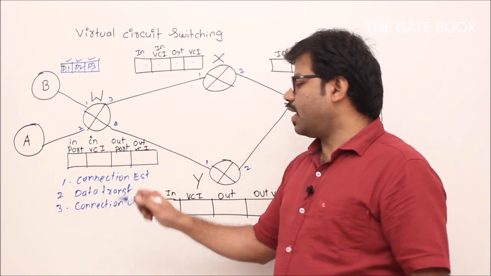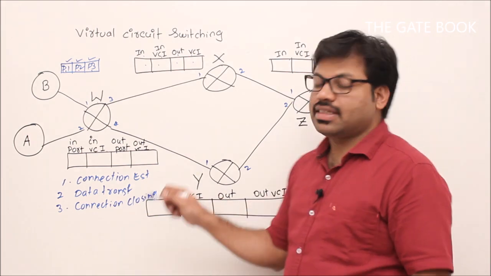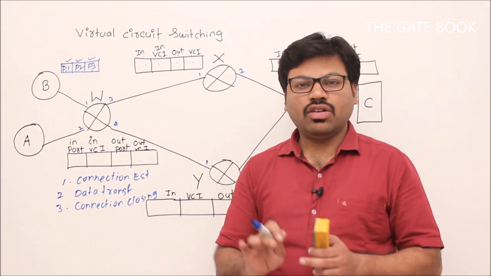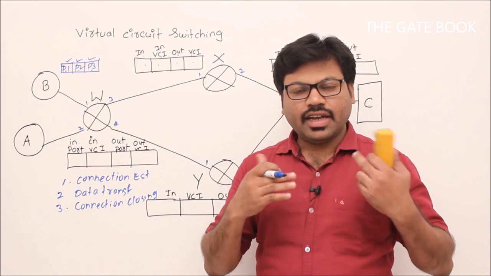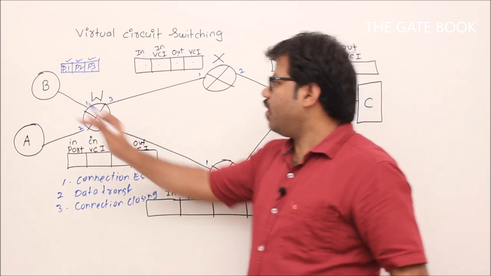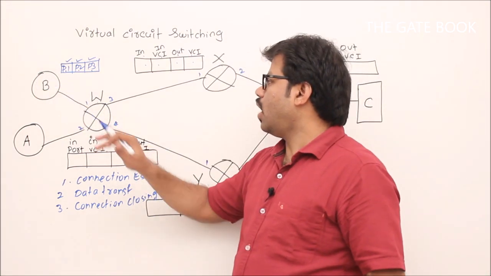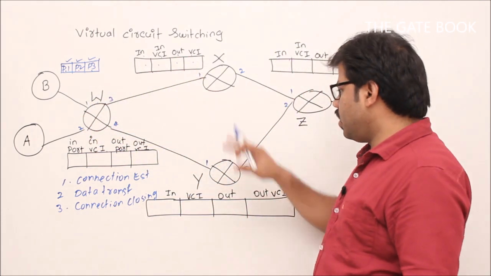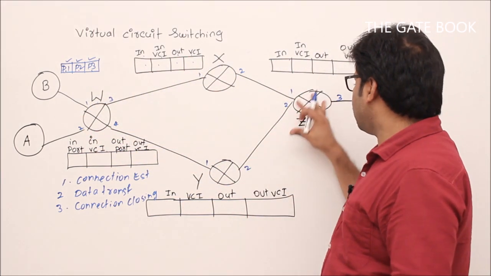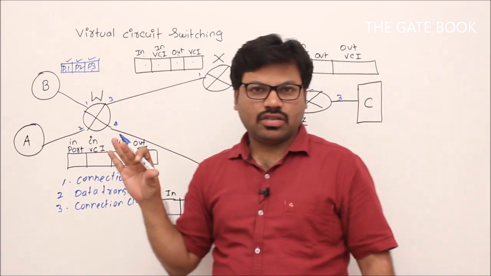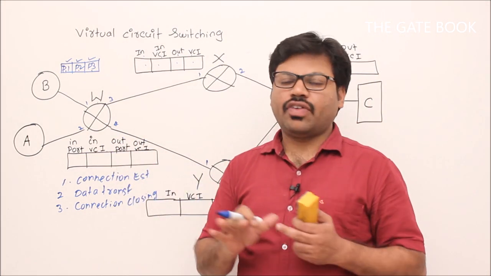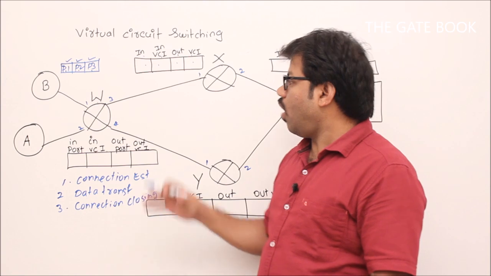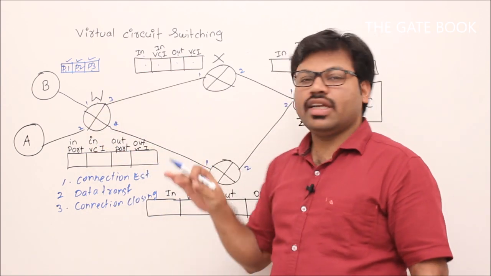So let's begin with connection establishment. How does connection establishment take place? Remember one thing: while establishing the connection, B will talk to W, and W will talk to all its neighbors, X will talk to all its neighbors, and Z will talk to all its neighbors. Somehow they will identify the destination. How will these routers know the destination?